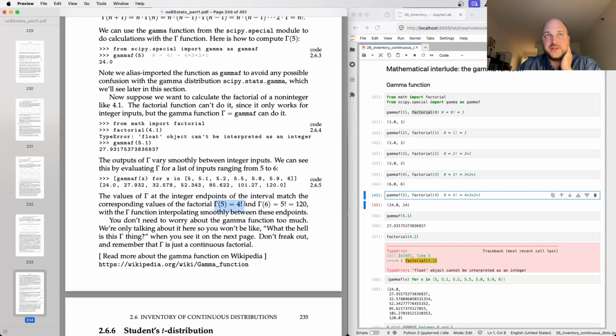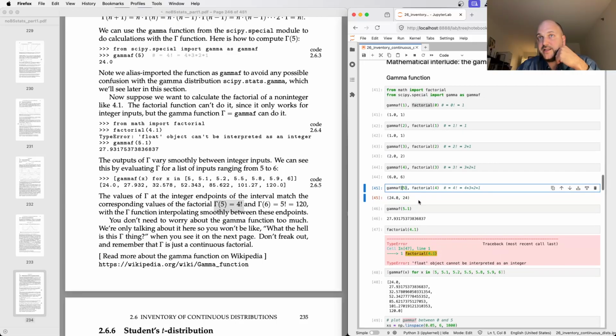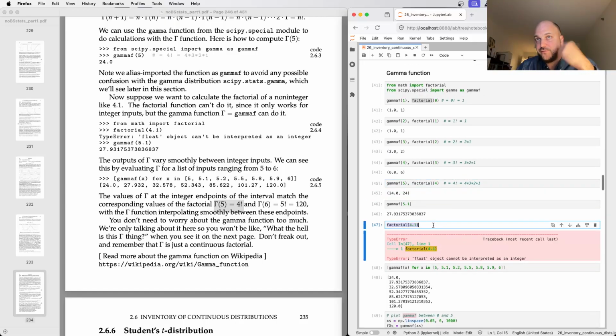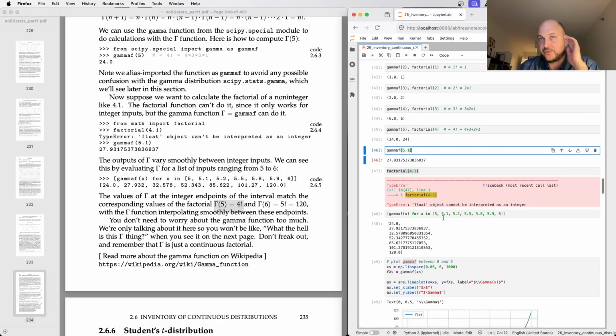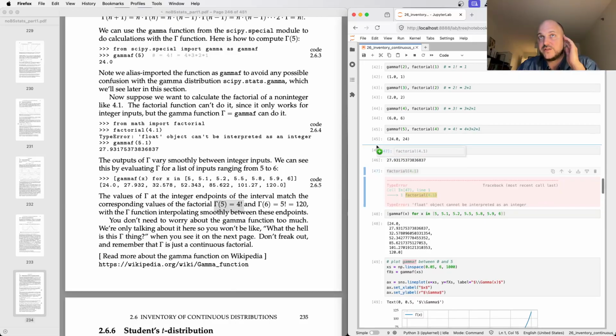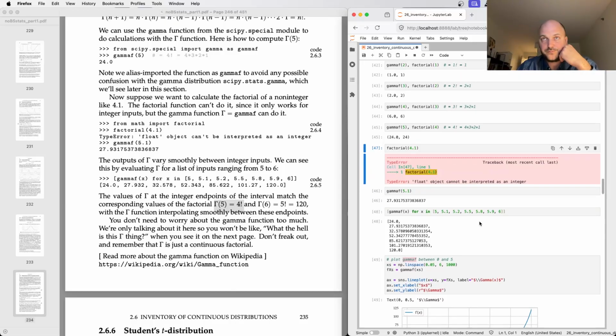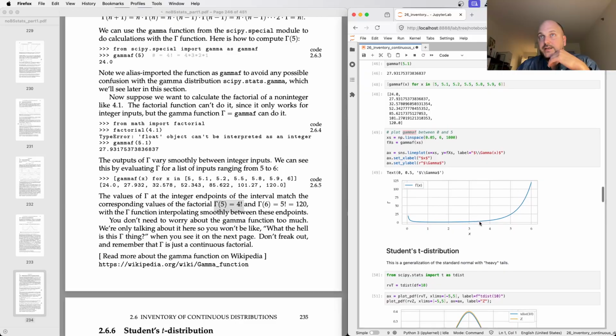The gamma of a number n is the factorial of n minus 1. But then you cannot compute the factorial of 4.1, but you can compute the gamma of 5.1. So that's the difference, the factorial breaks. All right. And this is what the graph looks like.